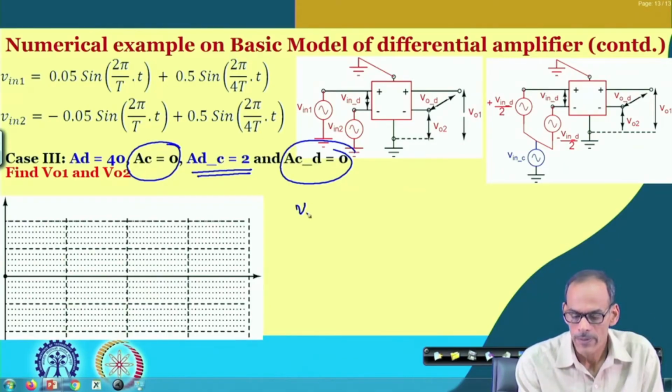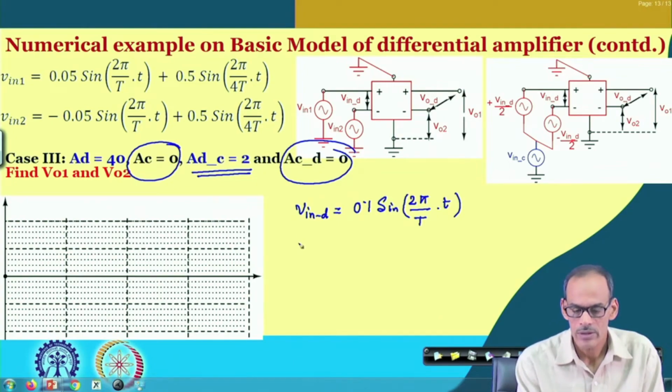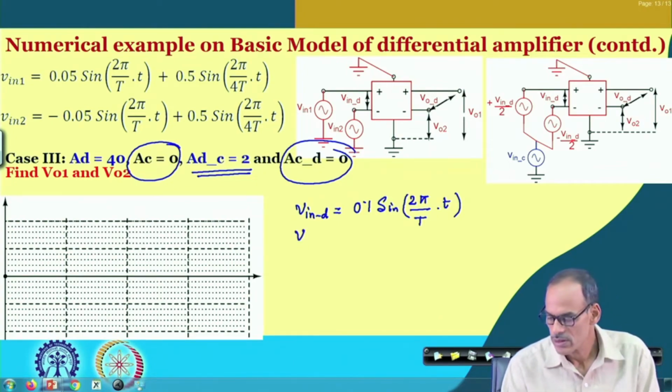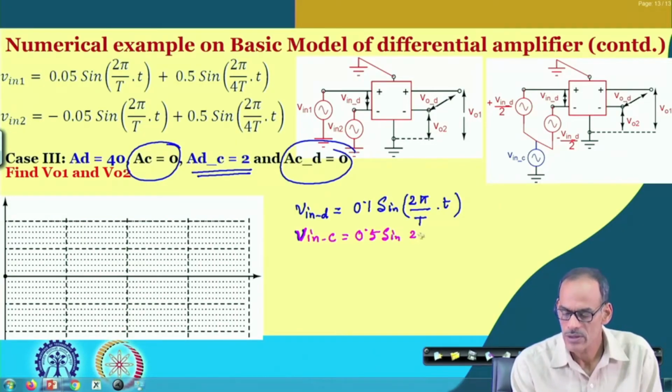First of all, V in D equals 0.1 sin 2 pi divided by capital T into small t, and V in C equals 0.5 sin 2 pi 4 capital T into t.